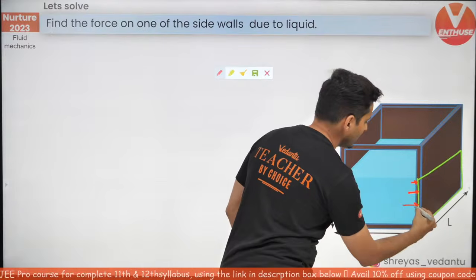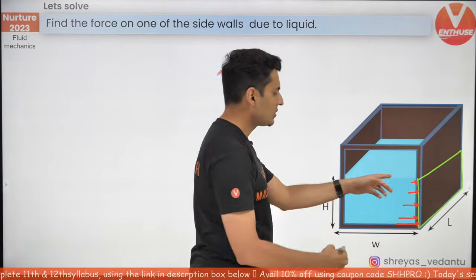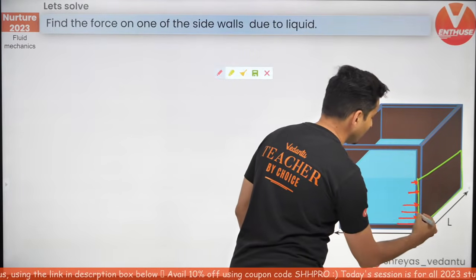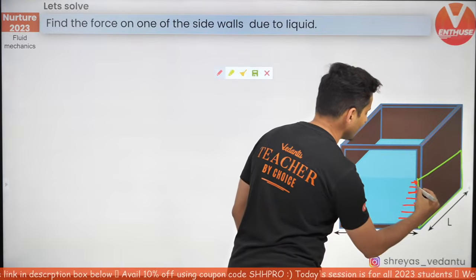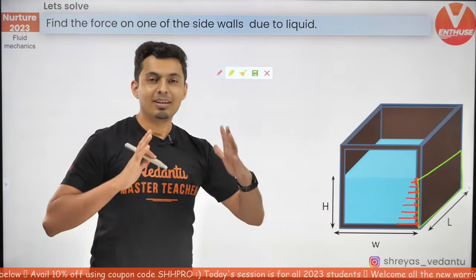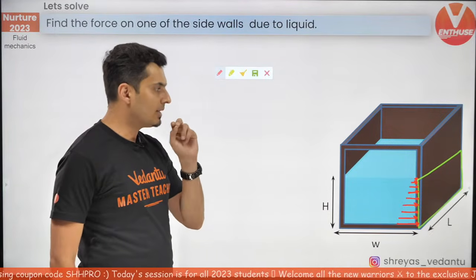As you go deeper and deeper, the pressure is going to increase. So it is going to be a varying diagram. The force will be different at different places, like how a dam's shape is wider at the base. So that means I need to account for the variation of pressure.